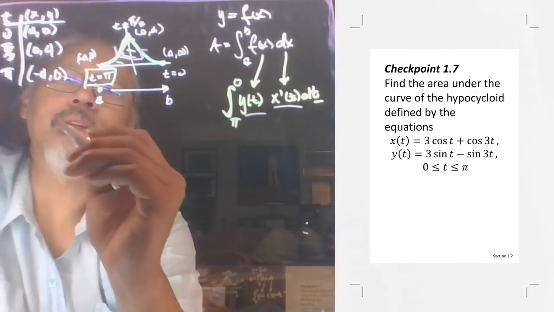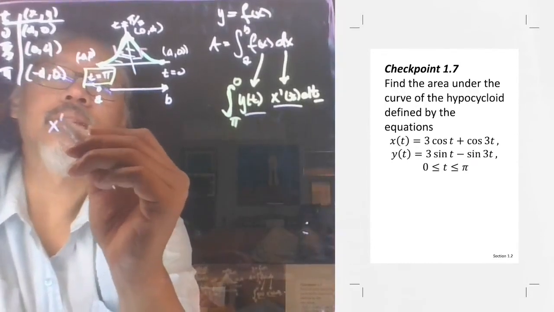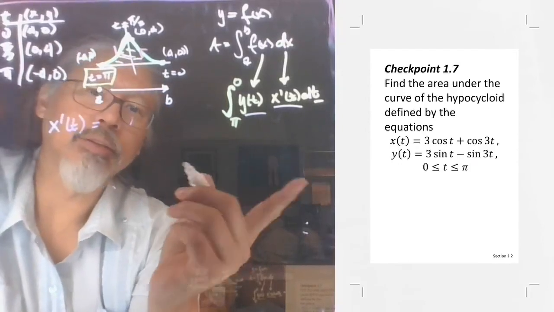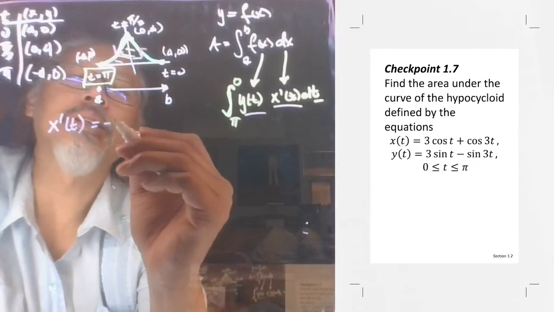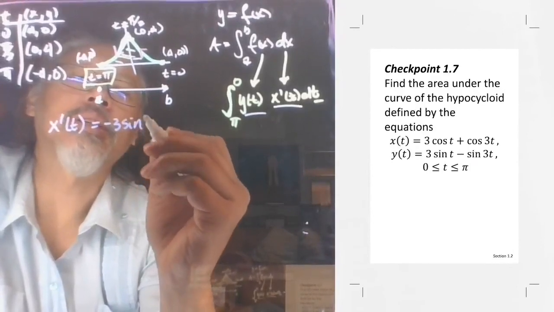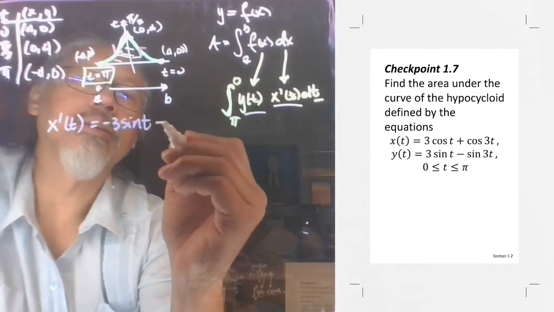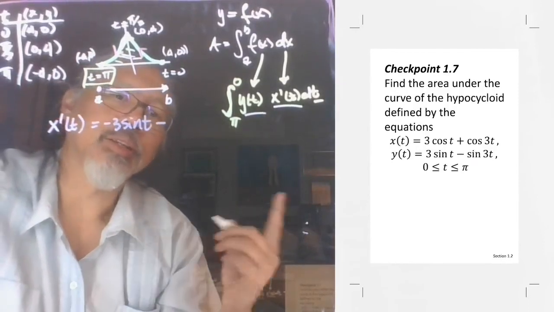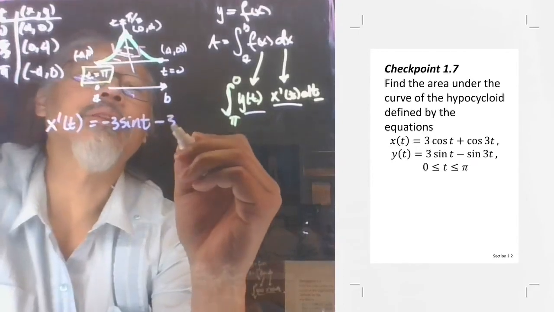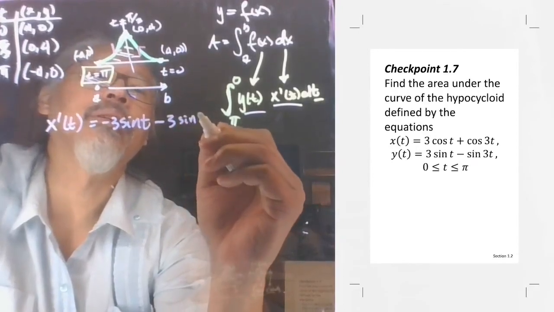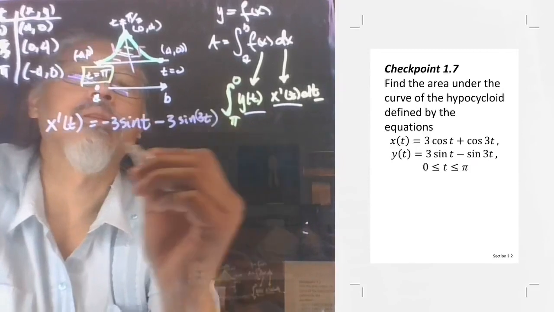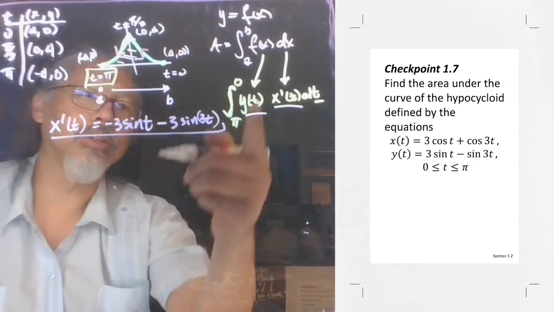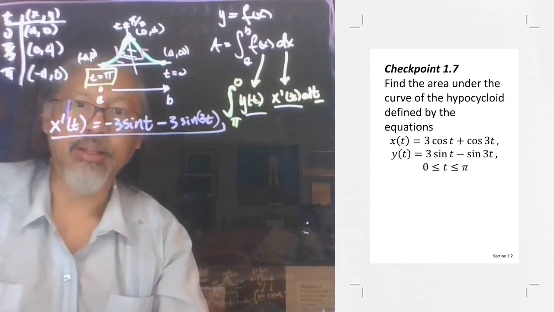Let's take a little bit of time to find x prime of t. The derivative of cosine is negative sine, so it's negative 3 sine t, and another negative because the derivative of cosine is negative sine, and then that's going to be sine 3t times 3, so let's put that 3 out there. So this is your derivative, and we just need to string that up in a long set of equations.